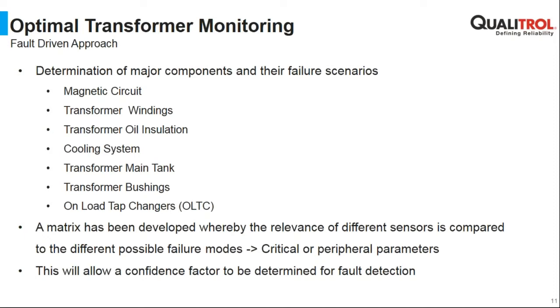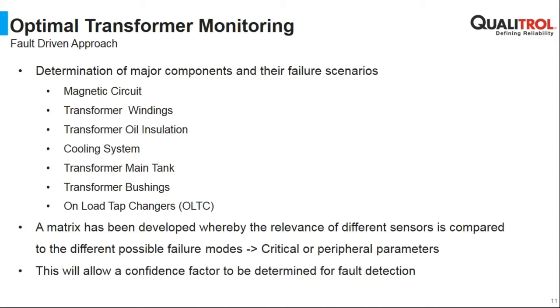So today I'll be requesting Thomas, whose team has led this activity in Qualitrol. Thomas will be explaining those parameters, those metrics, and minimal and maximum monitoring on the transformers. But the principle is that we focused on these components of the transformers.